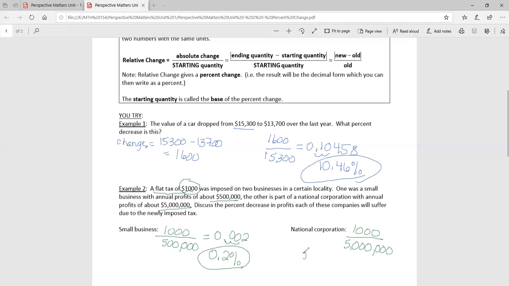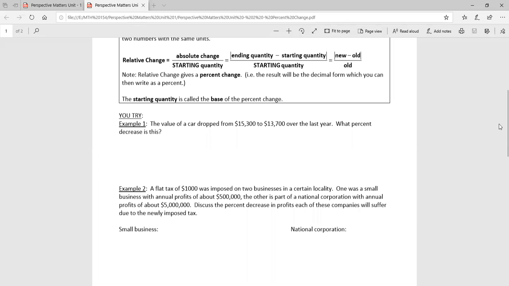And when we run that math, it's 0.0002. Watch the zeros. That's 0.02%. So it does affect the small business a little bit more when we do a flat tax versus this larger corporation. Right? Pause if you need to. I'm going to clear and then move down.